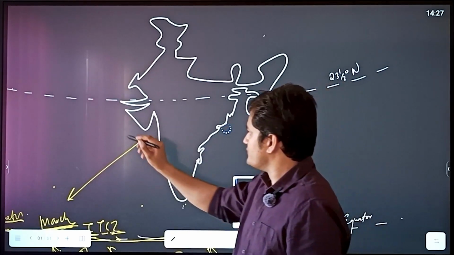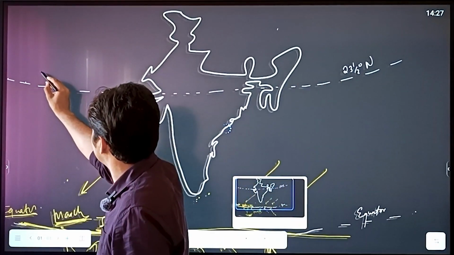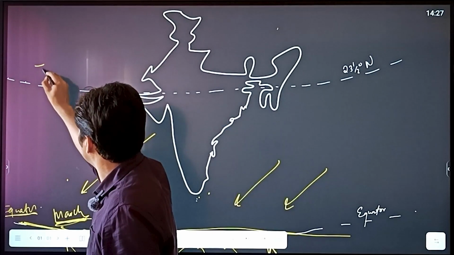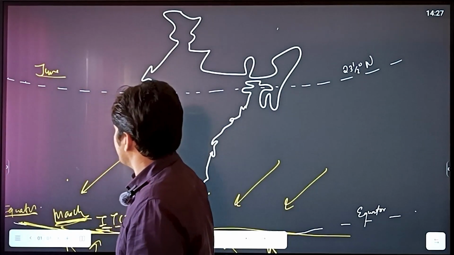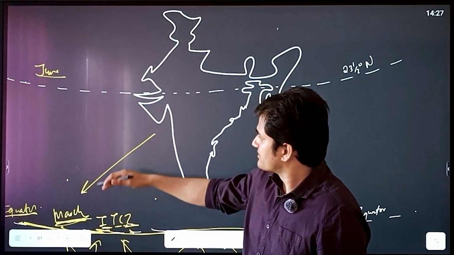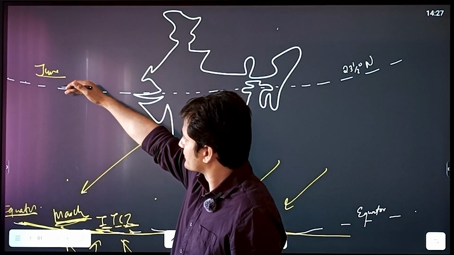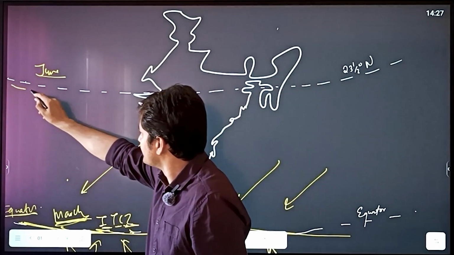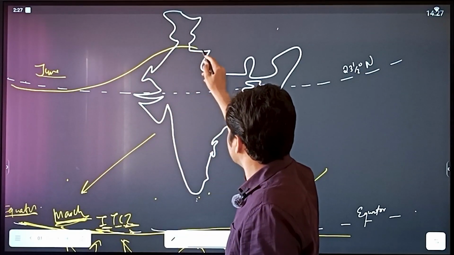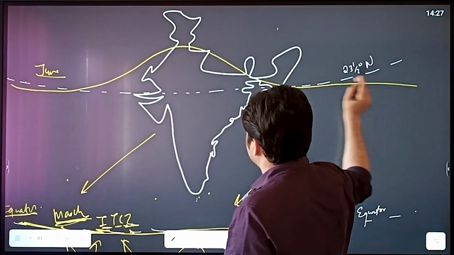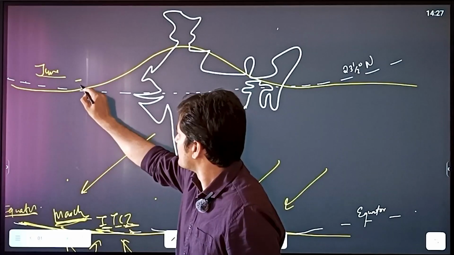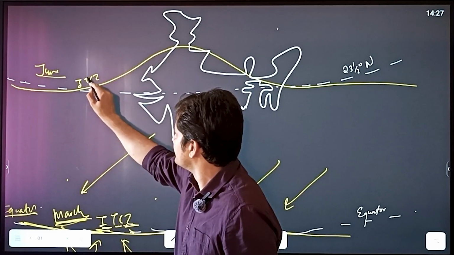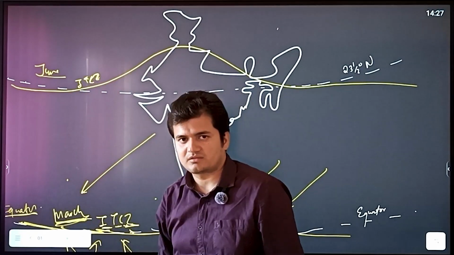So during the month of June, as the sun rays directly fall over the Tropic of Cancer, this ITCZ line will also climb up and it will look like this. This is the line called ITCZ, Intertropical Convergent Zone.